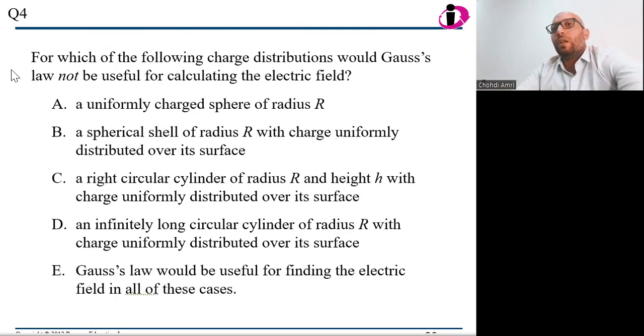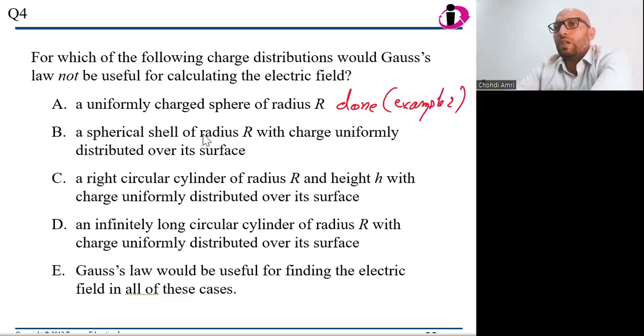We take this example. For which of the following charge distributions would Gauss's law not be useful for the calculation of the electric field? A uniformly charged sphere with radius R, we are done with this. Second example. Example 2: a spherical shell with radius R that has a charge uniformly distributed over the surface, it's also done.